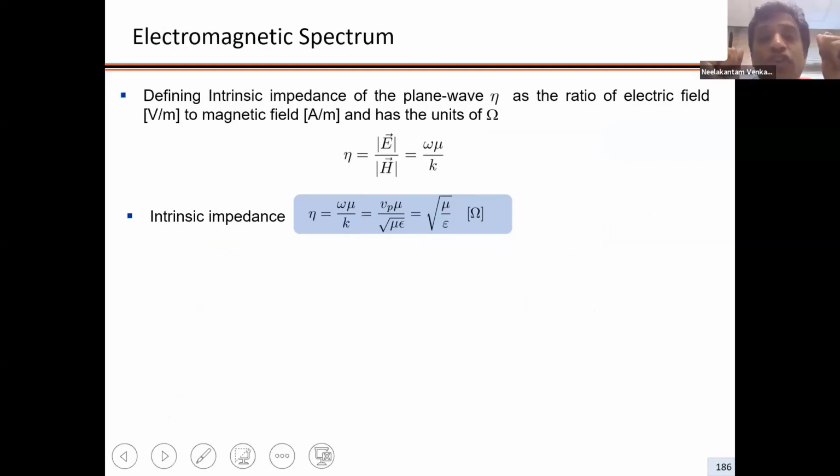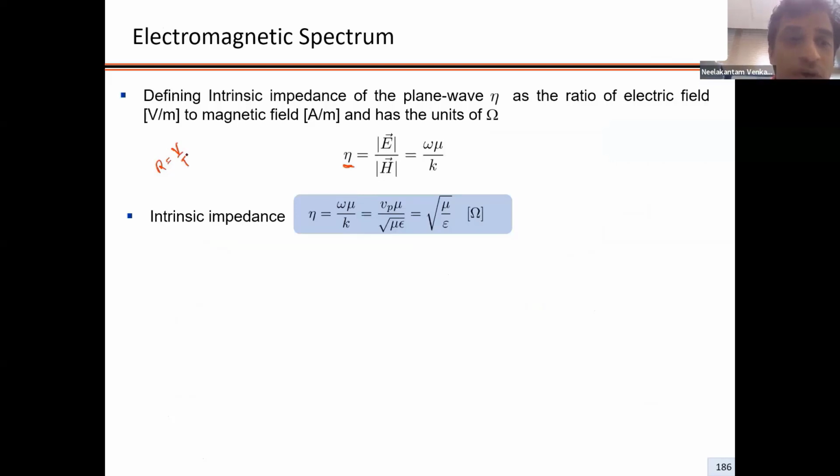Now we can define what is called an intrinsic impedance. Just like you have R equal to V over I by Ohm's law, V equals IR, and R is the resistance. Similarly, for a plane wave we can define the magnitude of the electric field over the magnitude of the magnetic field.